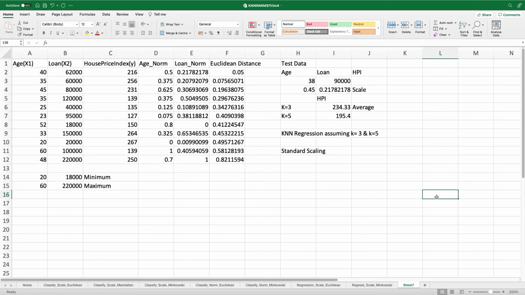So this is your normalized function. Regress underscore norm underscore Euclidean. So this is your Euclidean distance function.